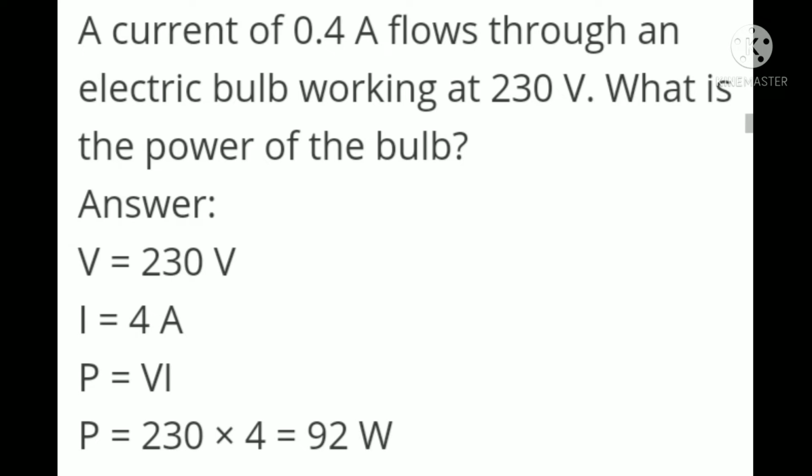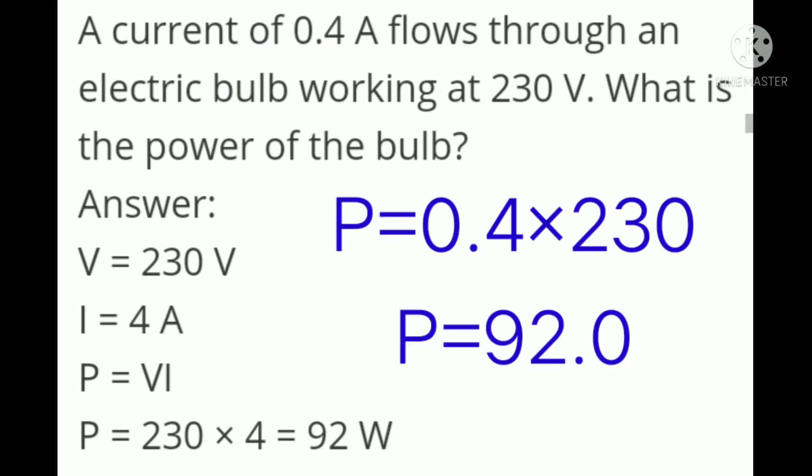V and I are given. We know the equation P is equal to V into I. Substituting this in equation, P is equal to 0.4 into 230. That means we got 92.0. That is 92 watt. Unit of power is equal to watt. So we got the answer.